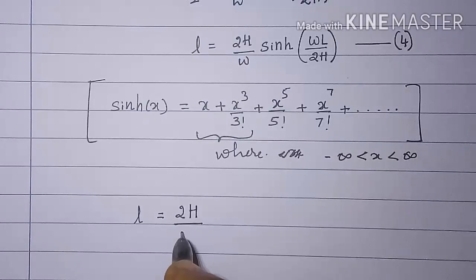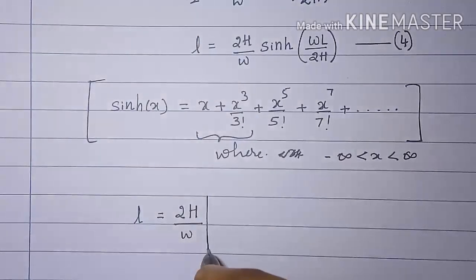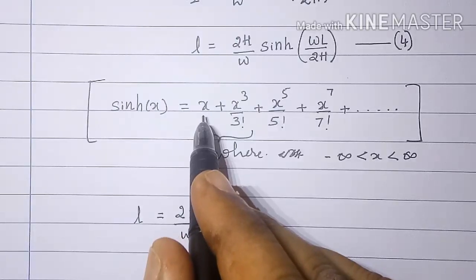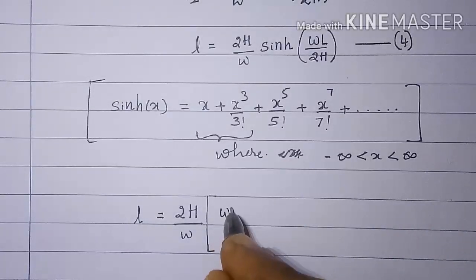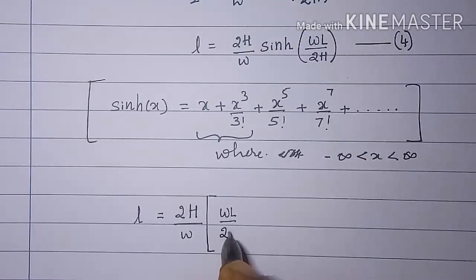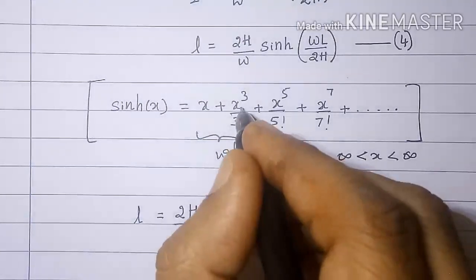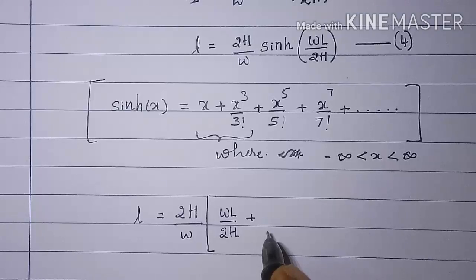2h upon W into the bracket, x means WL upon 2h, plus x cube upon 3 factorial.